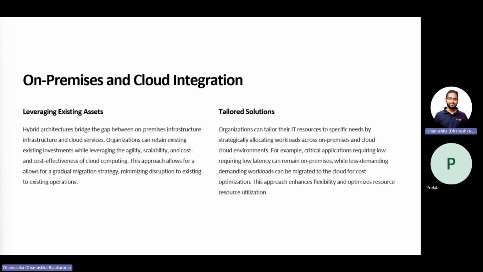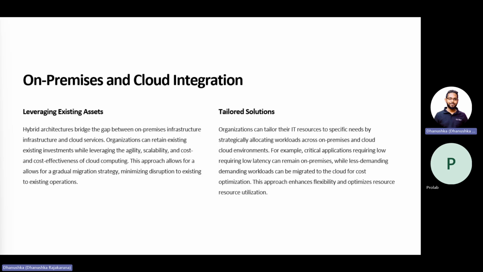Leveraging existing assets, including legacy systems, APIs to expose legacy functions to cloud-based applications, and middleware for integration. Hybrid storage solutions like integrating on-premises storage with cloud services like AWS Storage Gateway or Azure File Sync.